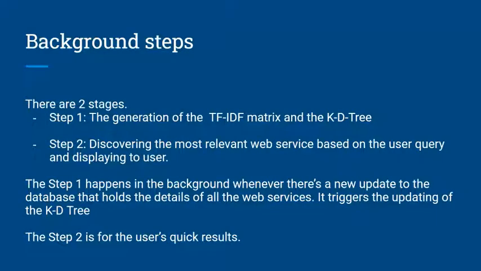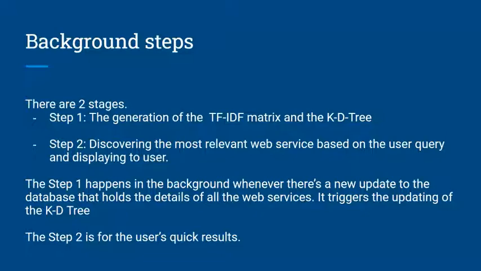So there are basically two stages in our project, and we have implemented it using two different Python files. The first one is generating a TF-IDF matrix and the KD tree from all the keywords of the WSDL description.